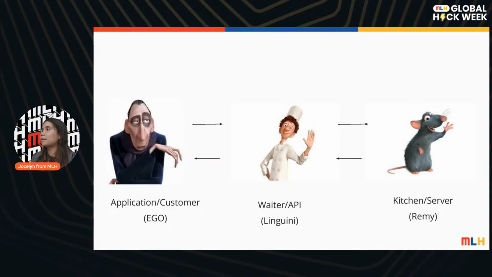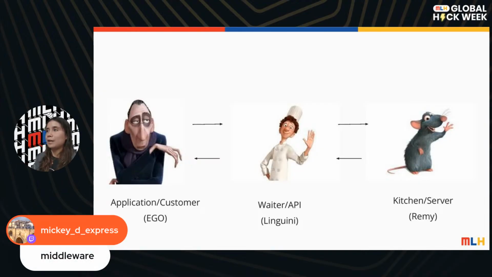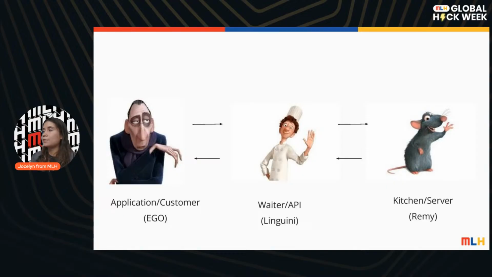So as someone expressed in here, your API works as a middleware to connect your kitchen, where the food is, and your customer, which is your application. So I think this is pretty straightforward if you want to understand how an API works. Let's say that I am a customer and I arrive at Ratatouille's restaurant and I want to order some wine and some Alfredo pasta.